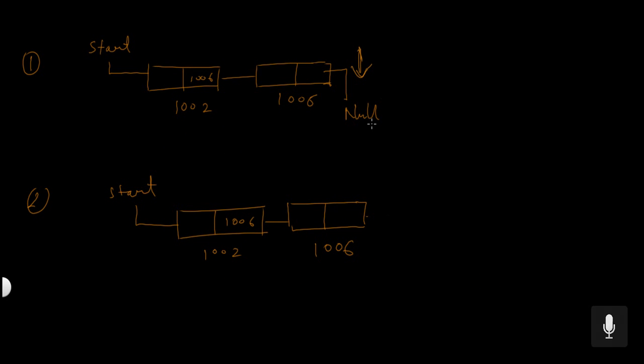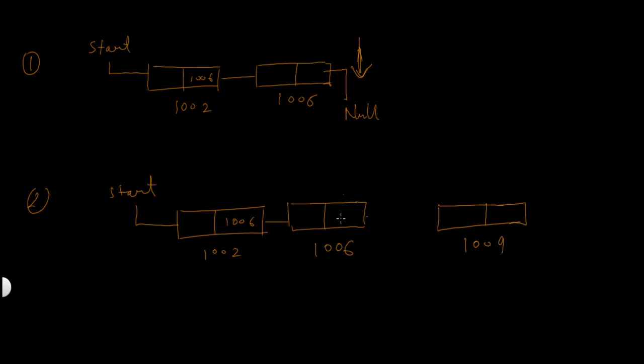Now insertion at the end simply means adding a new node at the end of the list. Now suppose I insert a new node and the address of that node is 1009. Now the link part of this node was previously null.